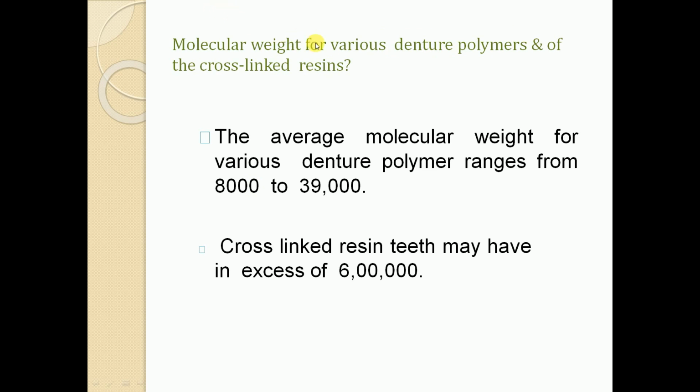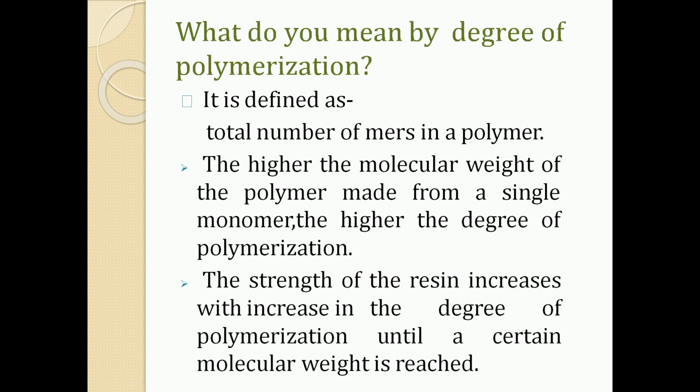Now molecular weight for the various denture polymers and the cross-linked resins. The average molecular weight for the various denture polymers ranges from 8,000 to 39,000. Cross-linked resin teeth may have in excess of 6 lakh. What do you mean by the degree of polymerization?